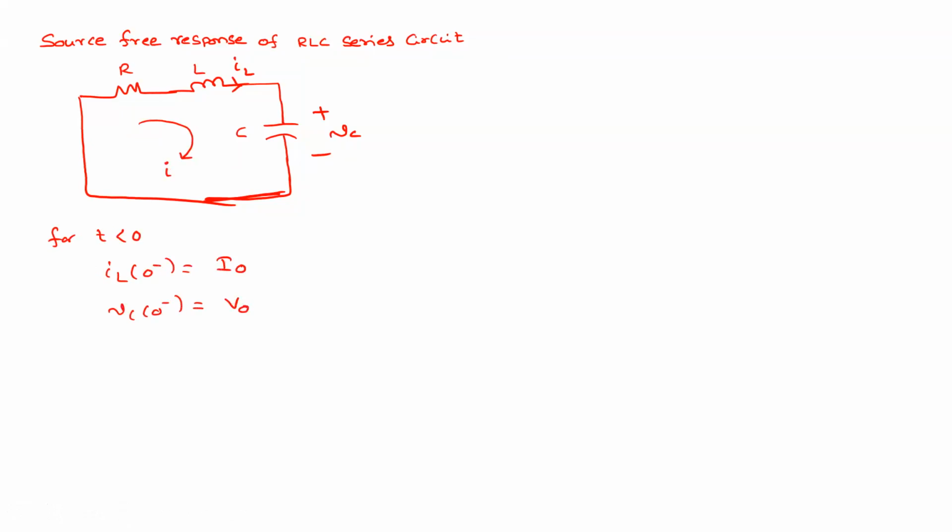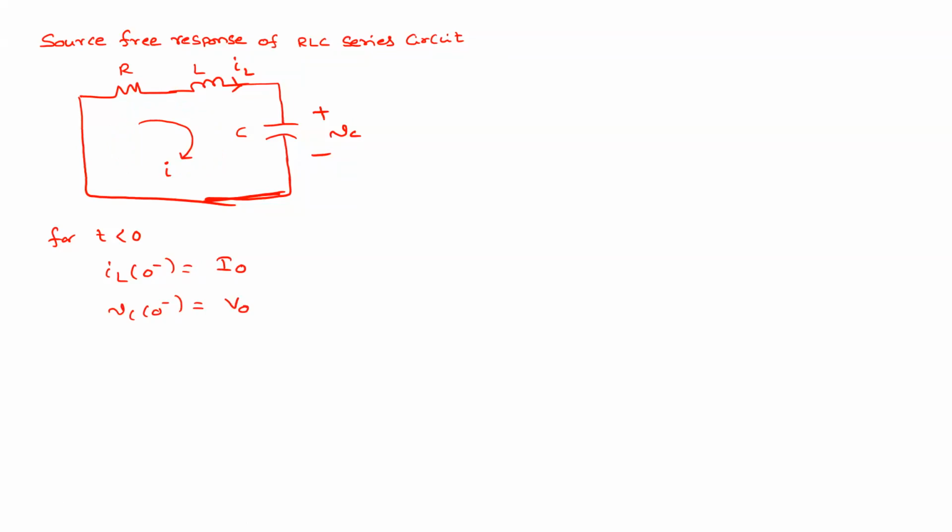Our objective is, what kind of current response do you have for this particular circuit? How are we achieving this? The first thing is we need to write the differential equation for this circuit, and we need to solve that differential equation by finding its roots.